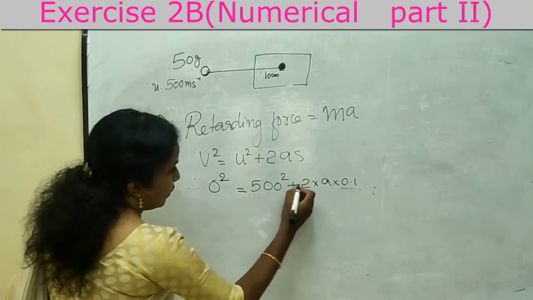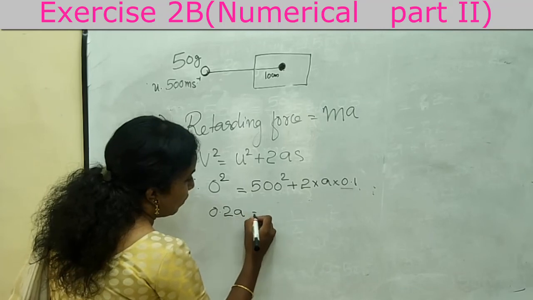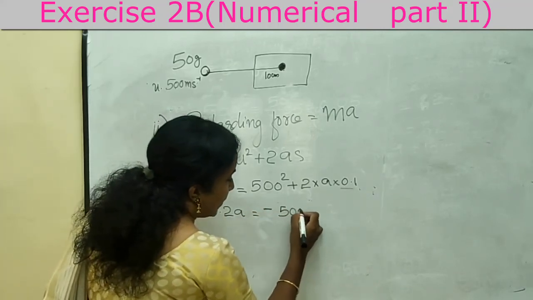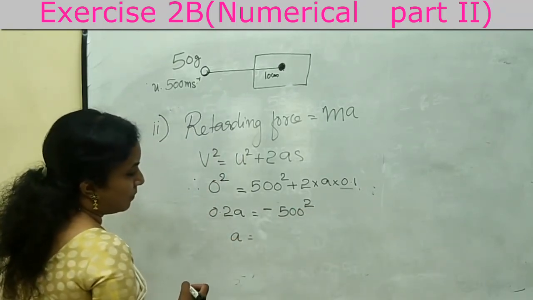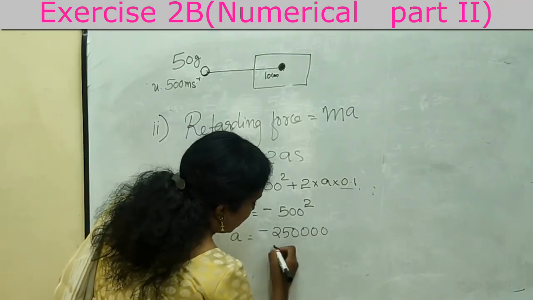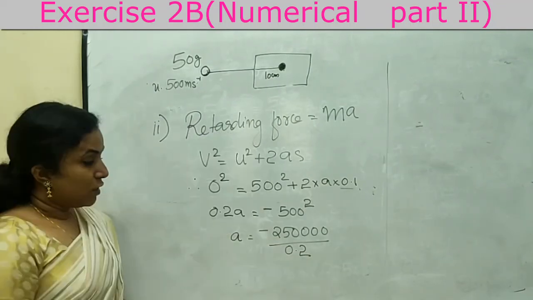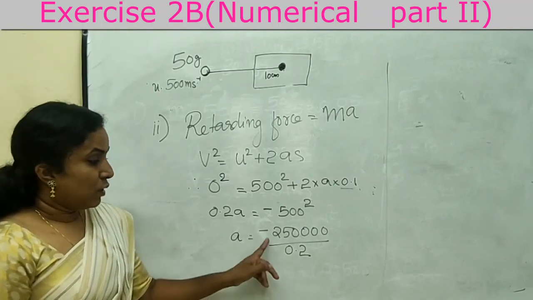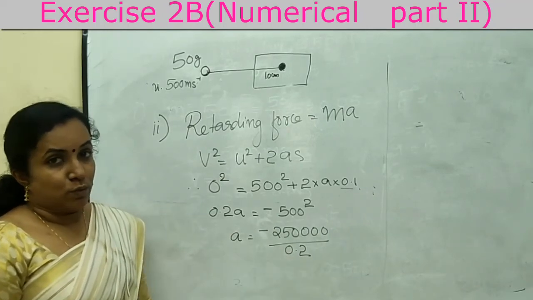Hence, 2 into 0.1 is 0.2a, which is equal to minus 500 square. So, a is equal to minus 2,50,000 divided by 0.2. So, the acceleration is given as 2,50,000 divided by 0.2.